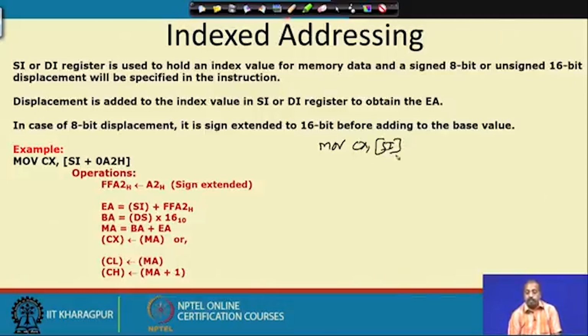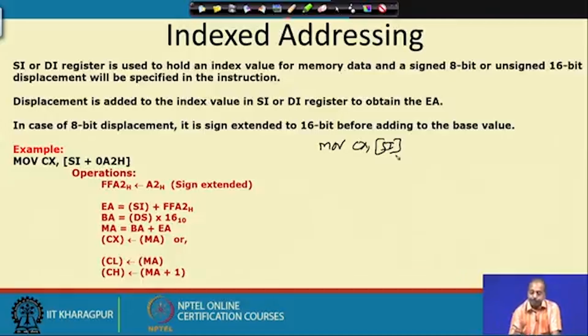So, you see that all these modes are some sort of modifications of the register indirect addressing mode, but they have been given different names because they have specific usage. The source index and destination index registers are thought of as index registers, and they are useful when we are doing string data transfers.